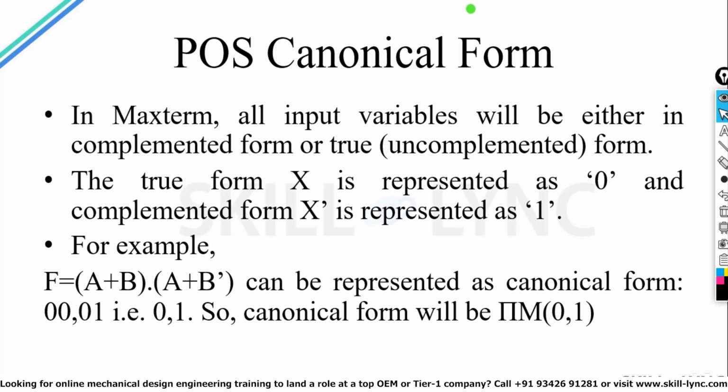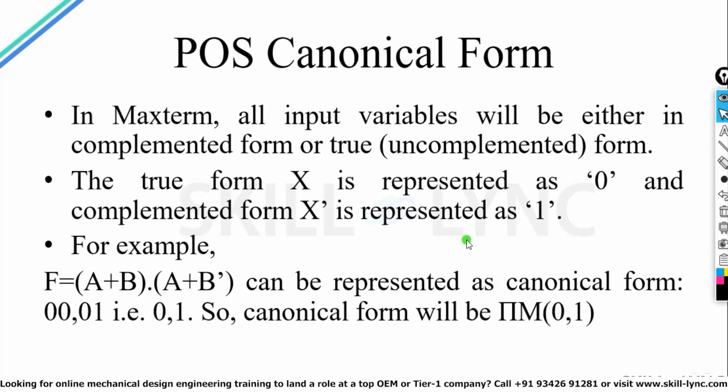In product of sum, in a maxterm, all the input variables will be in either complemented or uncomplemented form. Just like in SOP, here also it may be complemented or uncomplemented. But here the true form x is represented as 0 and the complemented form x bar is represented as 1.